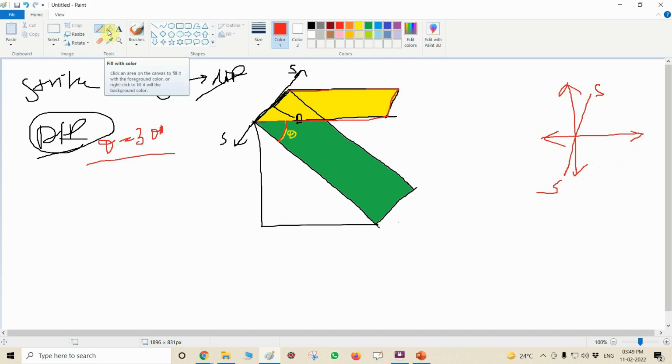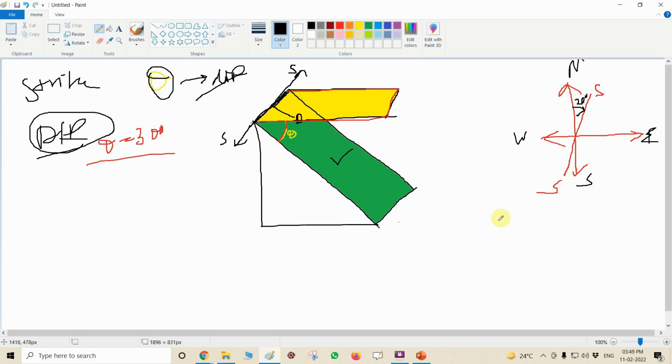So we have four directions: north, south, east, west. This is north, this is east, this is south, this is west, and the angle here is, let's say, 20 degrees. So what would be the strike of this plane?